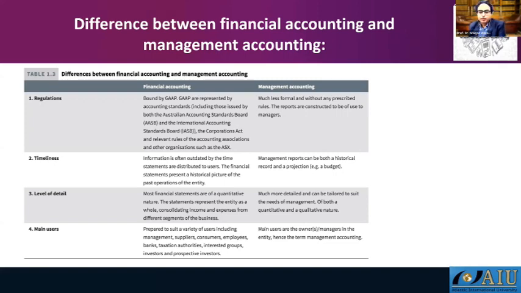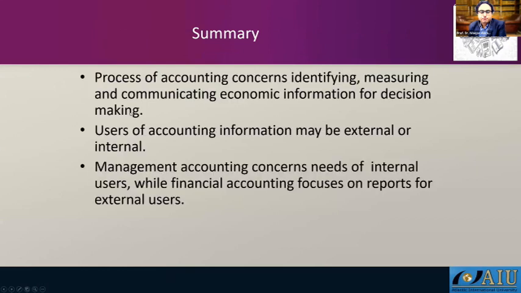Can we move to the next slide, please? Okay, so here it's the end of section 1. In section 1, we talked about the accounting process, how it covers 4 key areas.